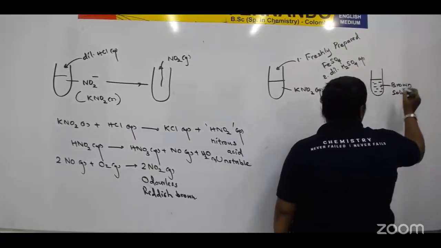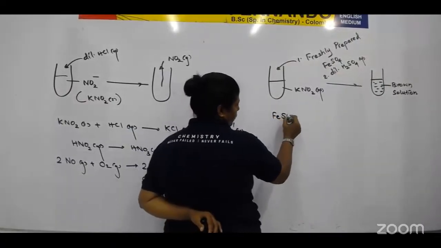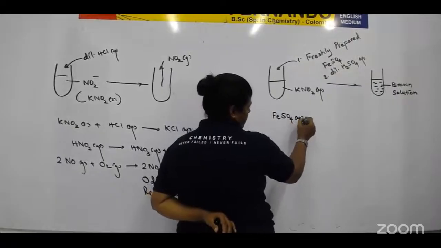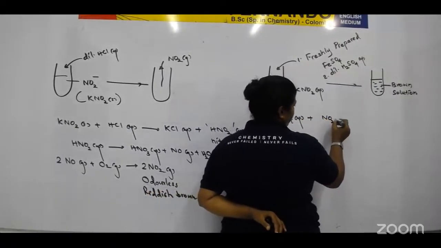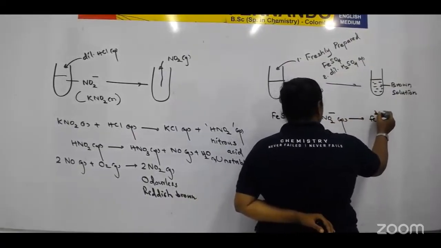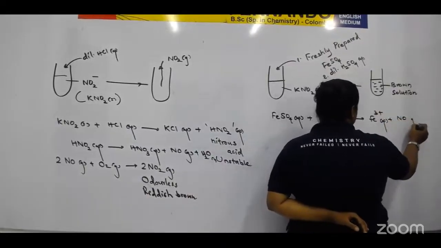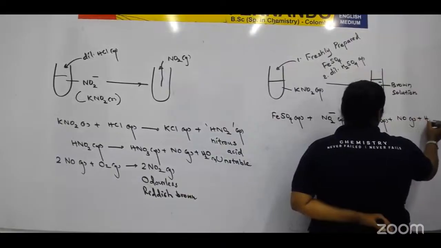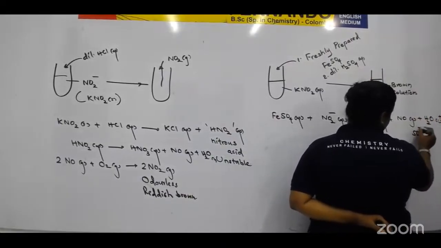Here, when we take FeSO4, the oxidation state is +2, reacting with NO2 minus. It forms Fe3 plus, NO gas, water plus sulfate ion.